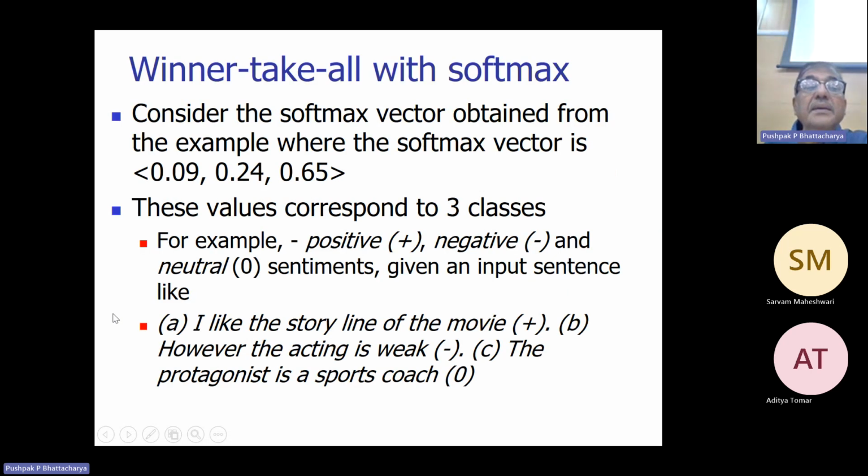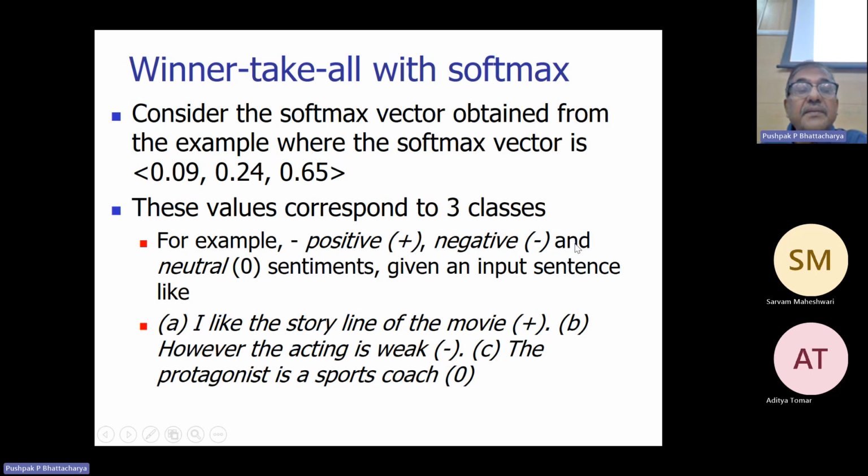So let us say we have the softmax vector obtained from an example where the softmax vector is 0.09, 0.24, 0.65. Let's say these values correspond to 3 classes, say in sentiment analysis. We have a natural language processing system which is deciding if the input text has positive, negative, or neutral sentiment.